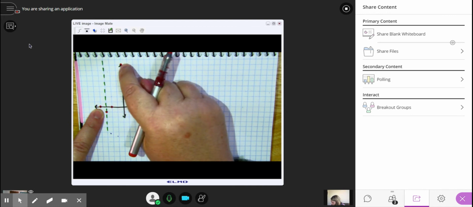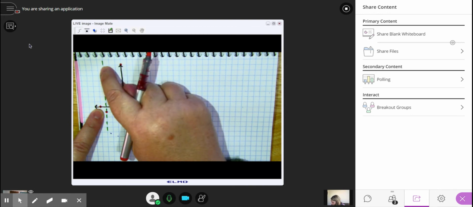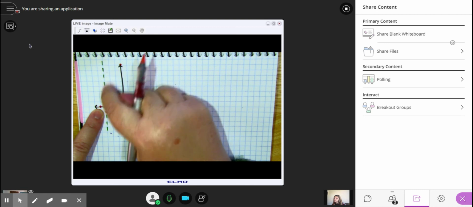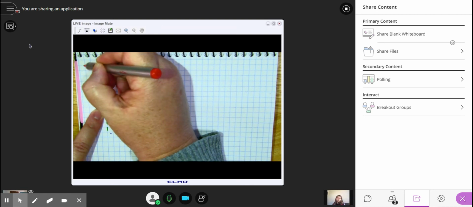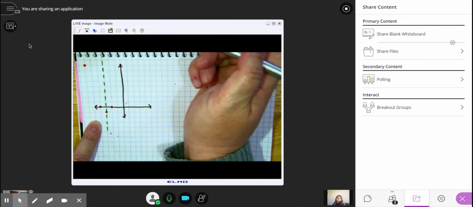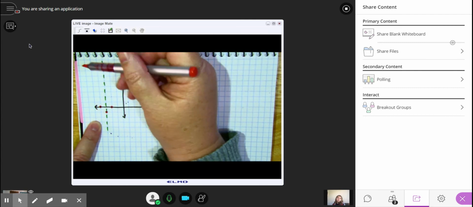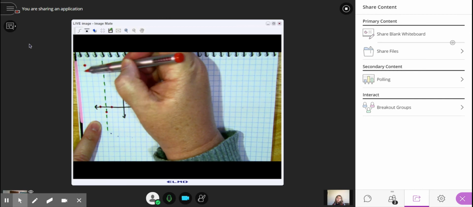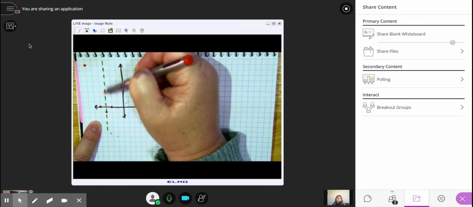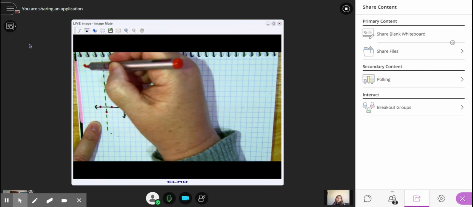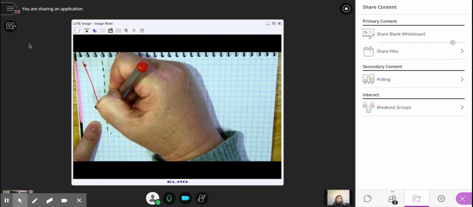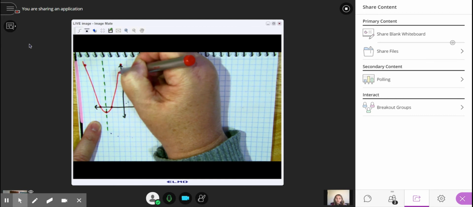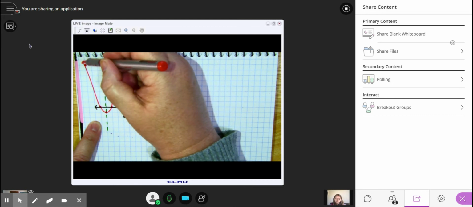So since 0, 8 is 3 units to the right of that axis of symmetry, I know that 3 units to the left should be another point. So even though I didn't calculate that point out, the axis of symmetry will tell me it's there. And then that should be enough to draw a quick graph.